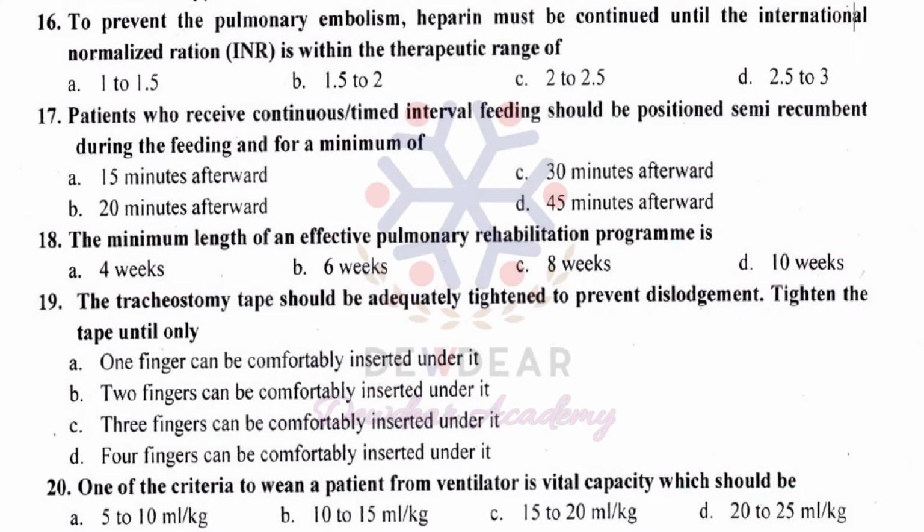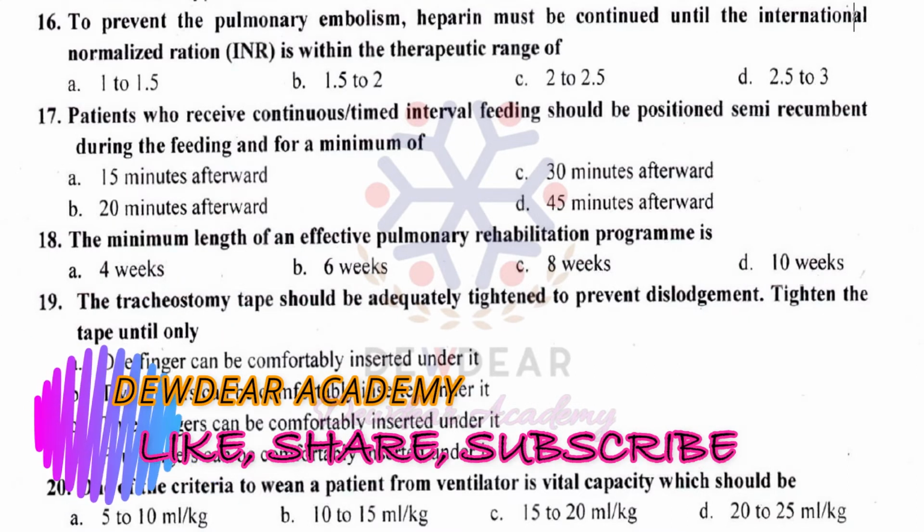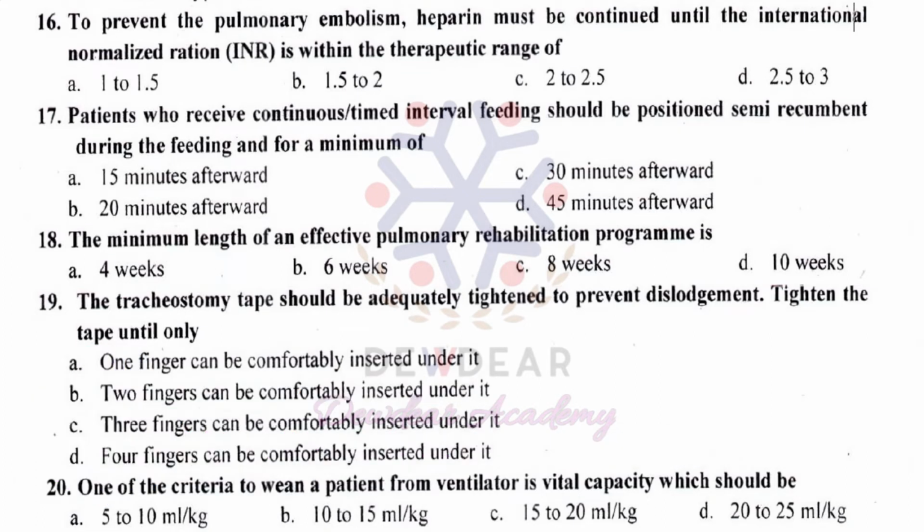So let me start. The first question is, to prevent the pulmonary embolism, heparin must be continued until the international normalized ratio INR is within the therapeutic range of. Options are 1 to 1.5, 1.5 to 2, 2 to 2.5, 2.5 to 3.